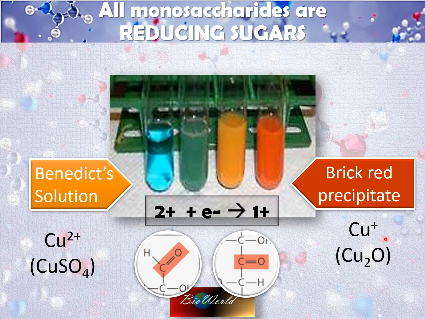So this shows us that monosaccharides have reducing ends that are able to reduce the copper 2+ in Benedict's solution to copper 1+. And this makes monosaccharides reducing sugars.